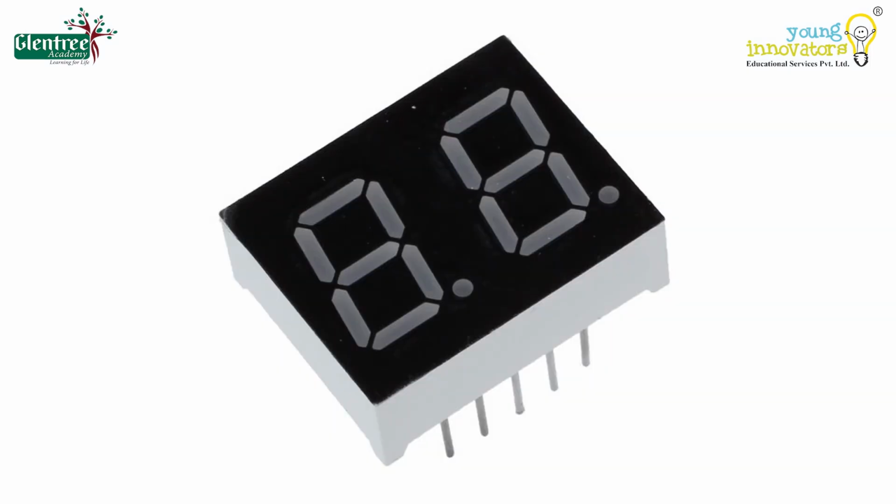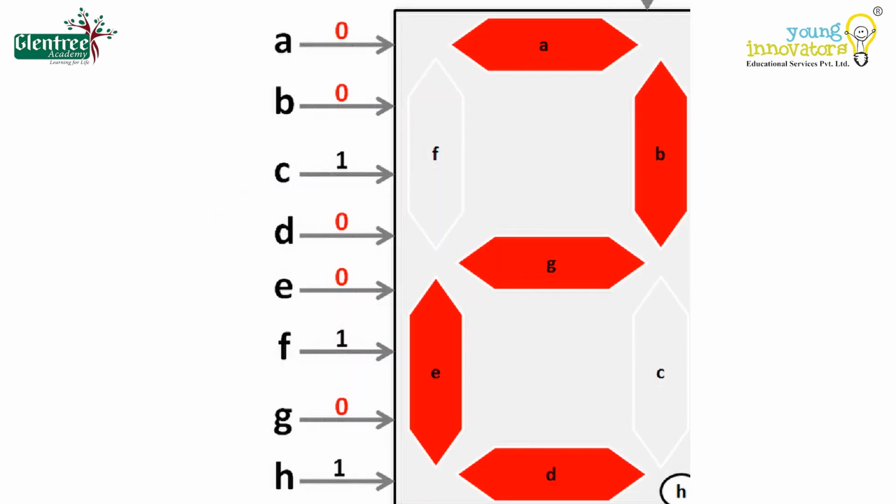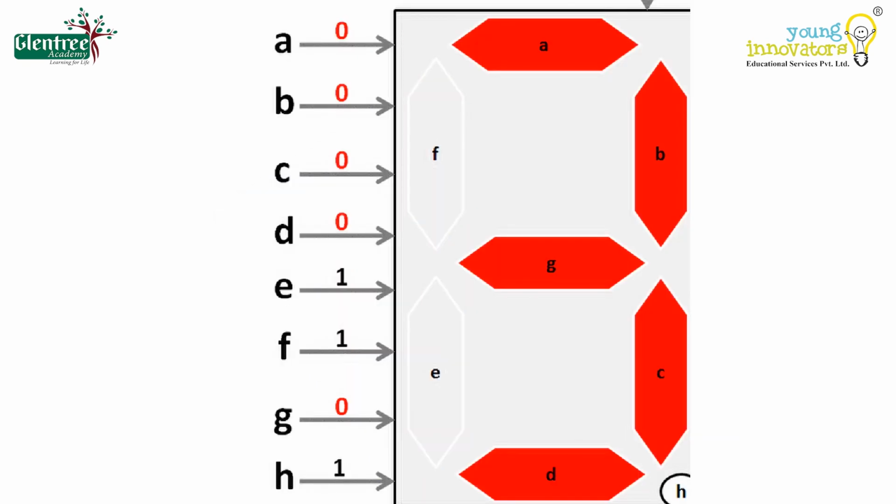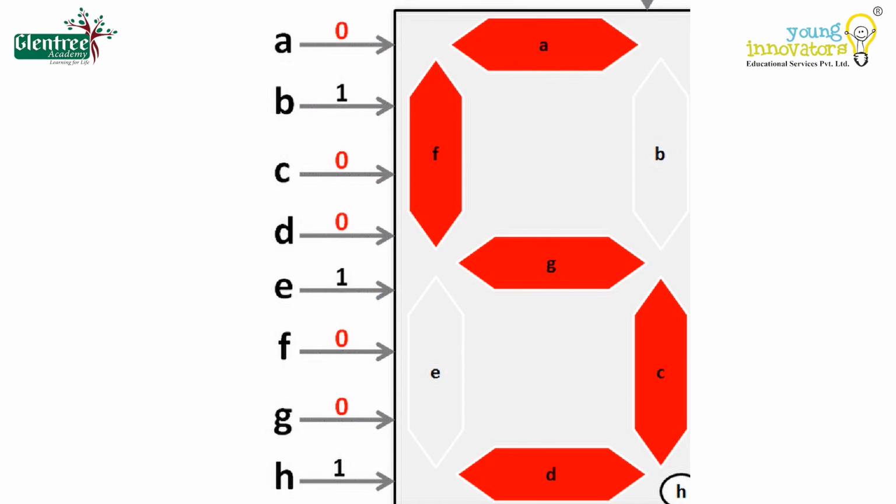For displaying a 2-digit number, we need 2 displays to be chosen, which we will be looking at in our further videos. So, in this way, we can connect each terminal of the display to the positive or negative terminal of the battery to get the desired output.